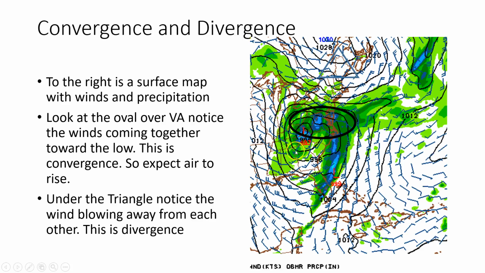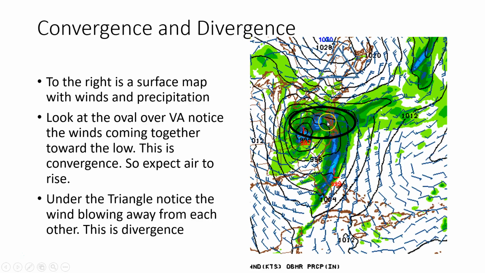Right north of that warm front, we have south winds coming up and turning in towards the low. We've talked about friction causing the winds to gradually turn towards the low. And we have a lot of winds coming from the south and then from the east and even northeast into this area.